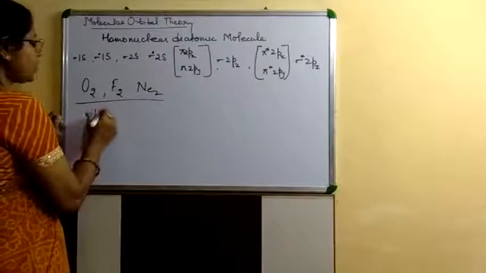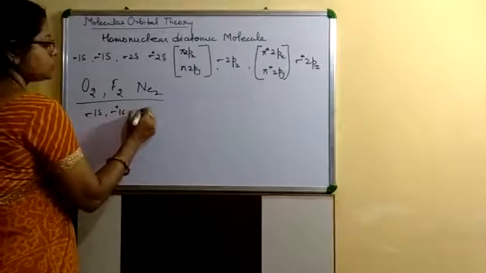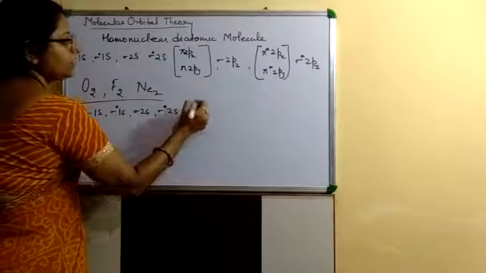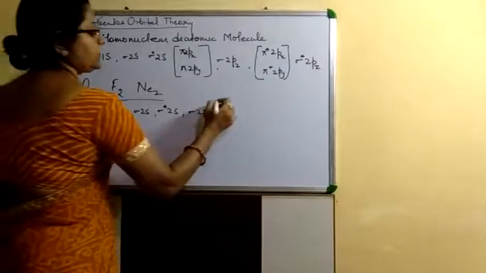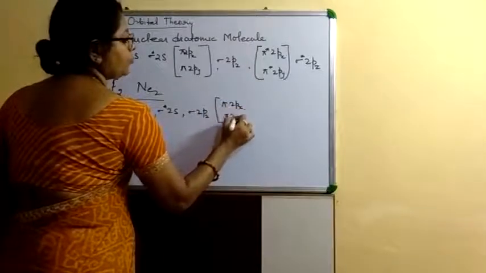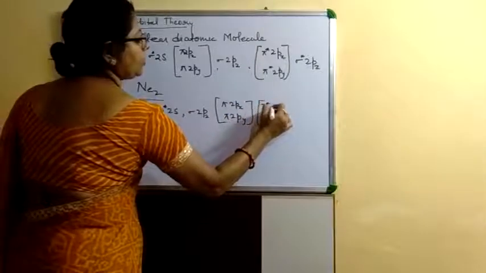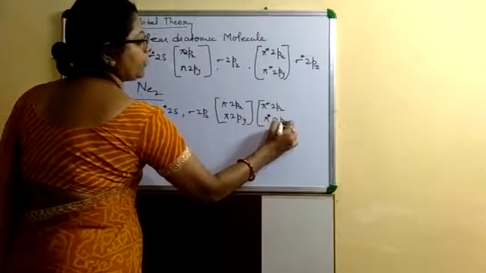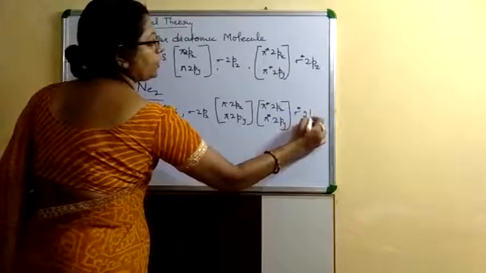The energy level diagram changes: sigma antibonding 2s, then sigma 2pz, then pi 2px, pi 2py, then pi antibonding 2px and pi antibonding 2py and sigma antibonding 2pz.